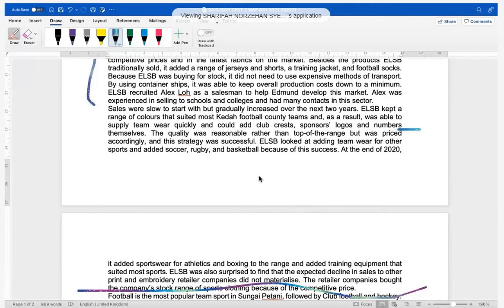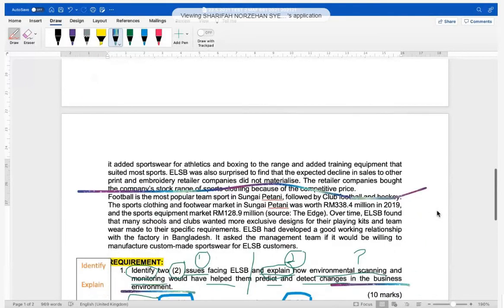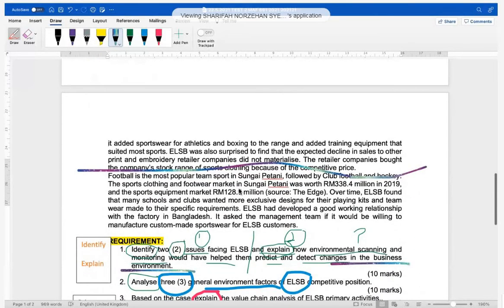The quality was reasonable rather than top of the range but was priced accordingly. And this strategy was successful. ELSB looked at adding teamwear for the other sports and added soccer, rugby, and basketball because of this success. At the end of 2020, it added sportswear for athletics and boxing to the range and added training equipment that suited most sports.